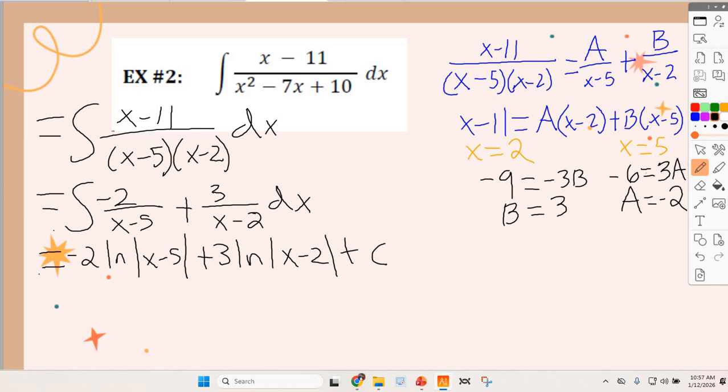So what can my 2 and my 3 become? Not quite. Remember that if I have logs, if I have numbers in the front, they can become exponents on the inside. When you say exponentiate, that means to raise those to the power. Oh, okay. Exponential. Oh, okay.